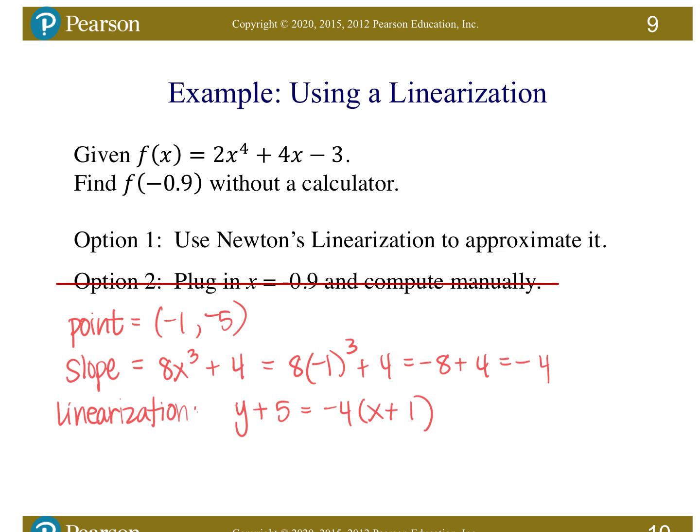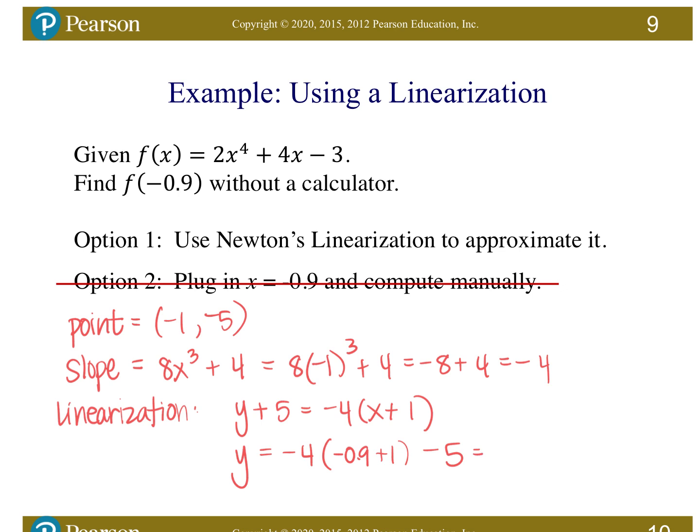Now, let's plug negative 0.9 into that. Rather than plugging negative 0.9 into the original quartic equation, plug negative 0.9 into this one. It's a lot easier. If I plug negative 0.9 in, I'm going to have negative 4 times negative 0.9 plus 1, and I'm going to move my plus 5 over to the other side, so I put it as a minus 5.